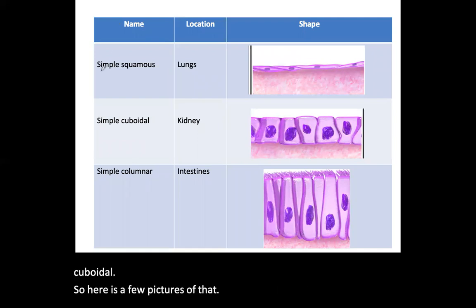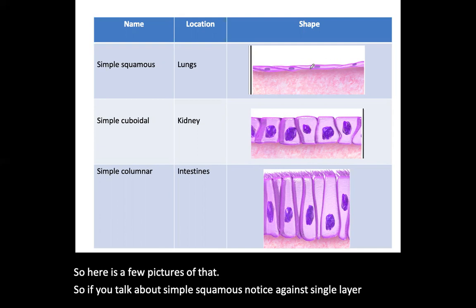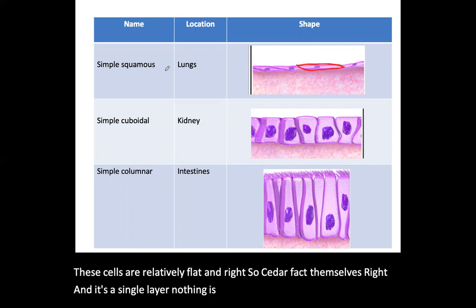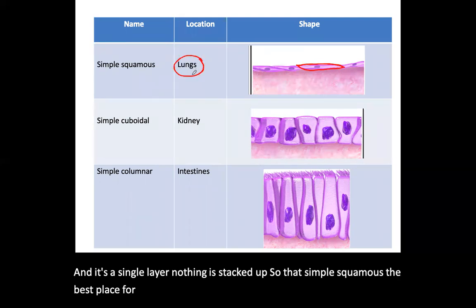So if you're talking about simple squamous, notice again, single layer of cells. These cells are relatively flattened, right? So see the flattened cells, and it's a single layer, nothing is stacked up. So that's simple squamous. The best place for it is your lung tissue.